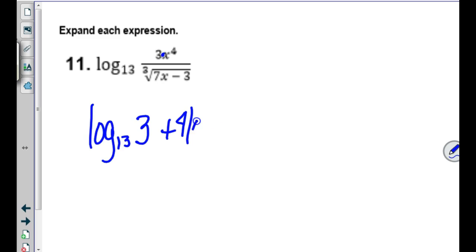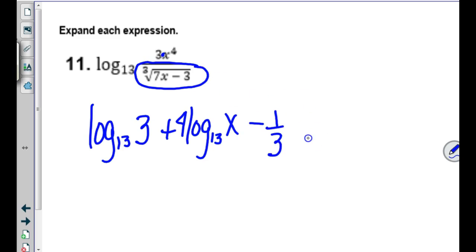Is Kayvon the only one that gets this, or are you all just sleeping? Are we good with the top? Okay, now we have a minus. What exponent power is this? 1/3, which can move out front. And it's minus y again, guys?